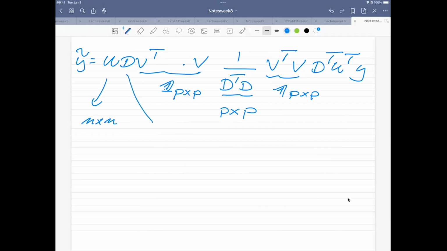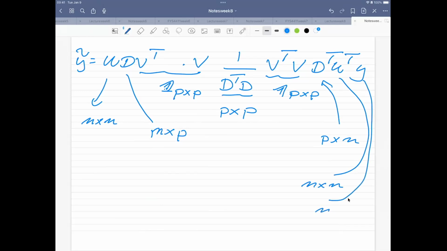This one has dimensionality n times p. So that obviously fits when we are multiplying with this one. This one has dimensionality p times n. This one has dimensionality n times n. And this one obviously has length n.